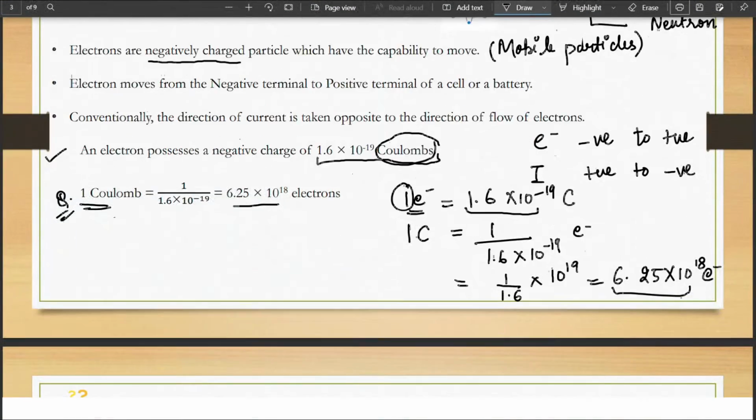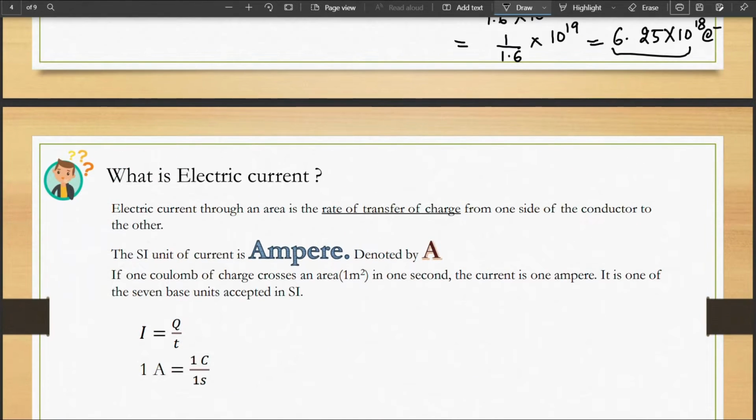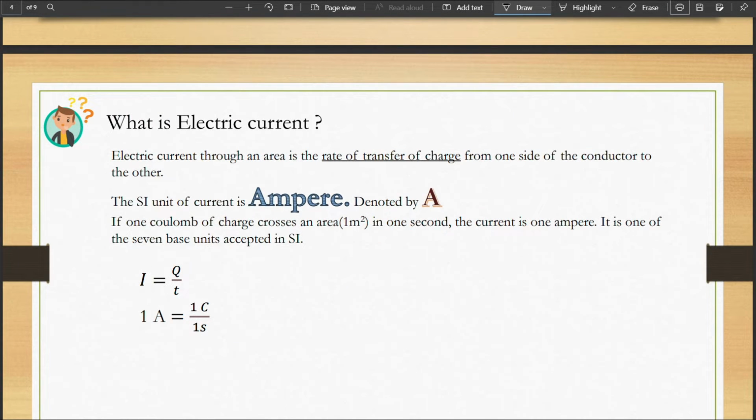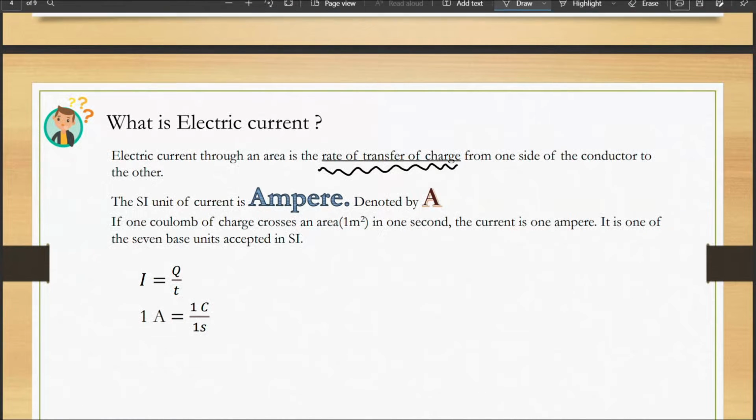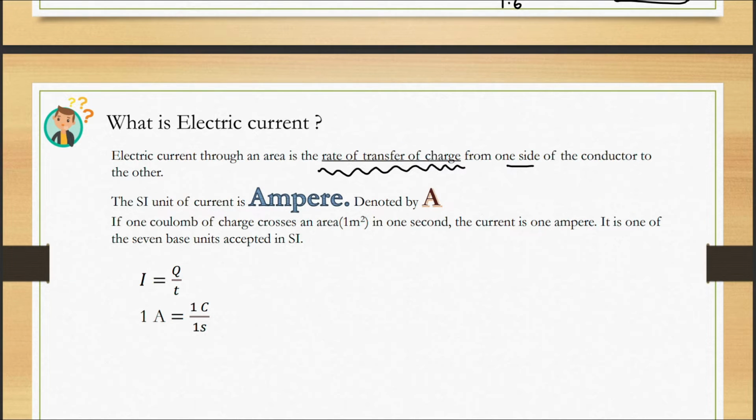So one should also know what is an electric current. So in English, we simply say that a current is the flow, or current is the recent news, or current is the latest one. But if I talk about the electric current, one should know that the current is nothing but the rate of transfer of charges from one side of the conductor to the other side.